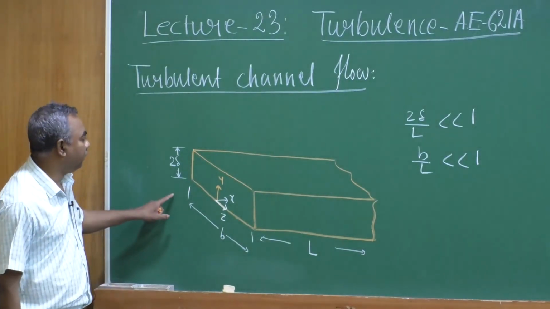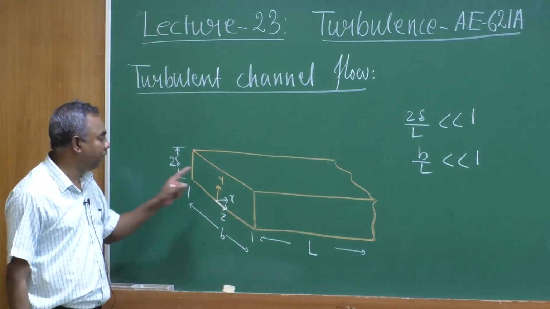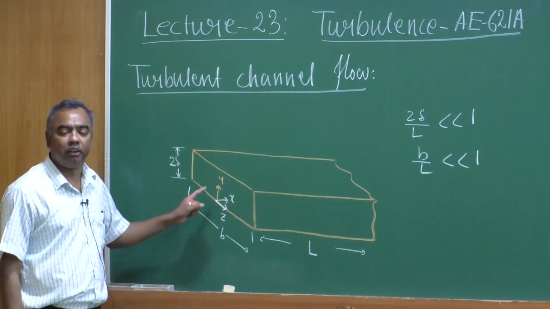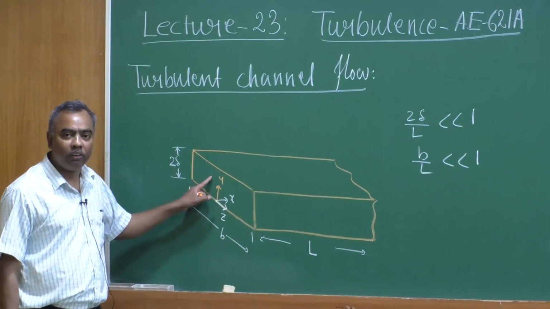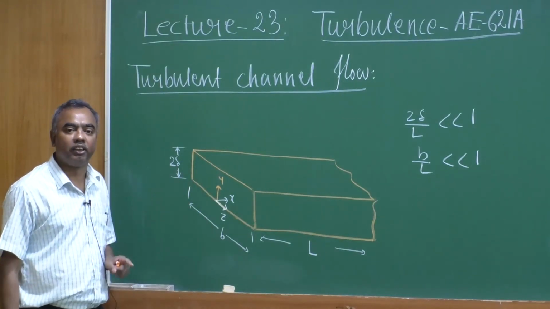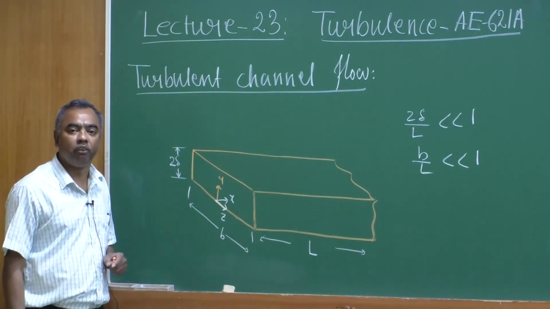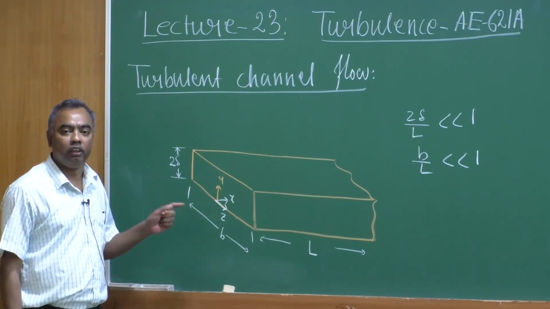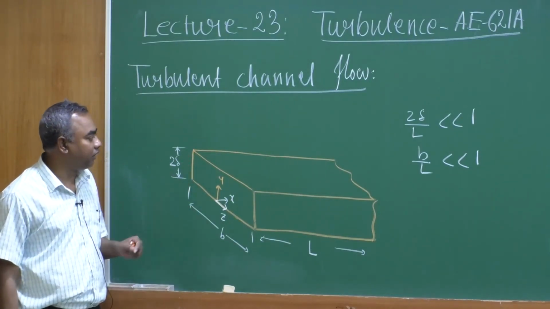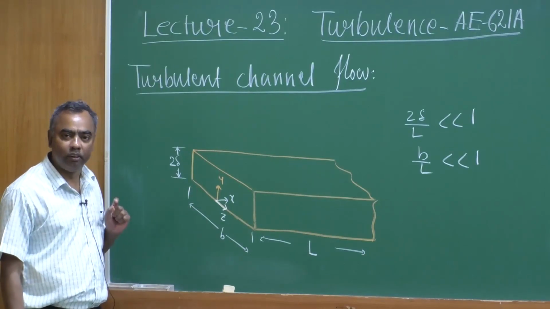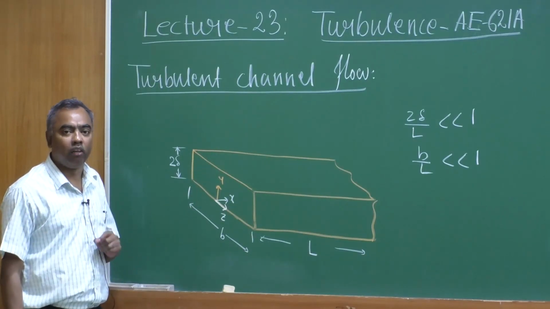But in the last class we noticed for this particular case that from the x momentum equation one part of the viscous stress still remains in the equation. So, that viscous stress for this wall bounded case is important as compared to free shear flows. Okay.